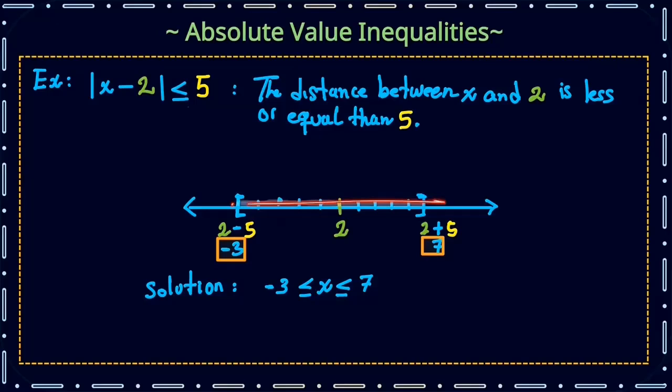All of these numbers, x, are greater than or equal to negative 3, as you see, and at the same time less than or equal to 7. So this is the solution in inequality notation, or you can write the solution in interval notation, open bracket, negative 3 to 7.